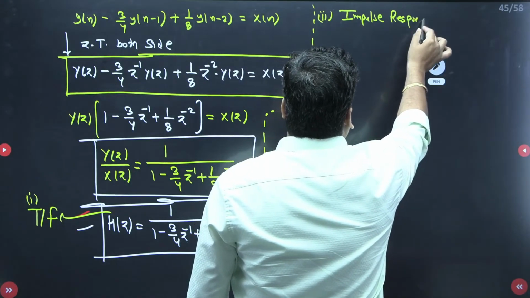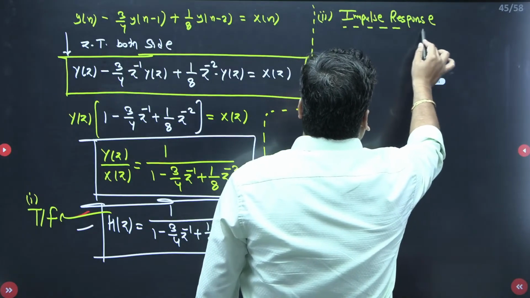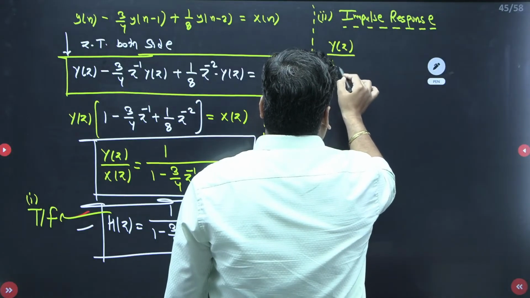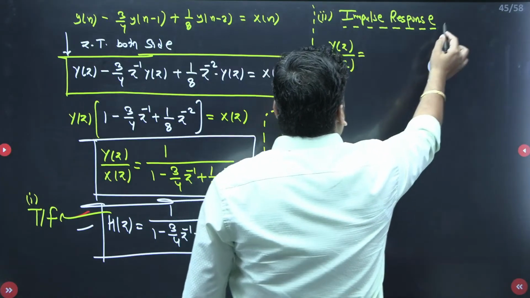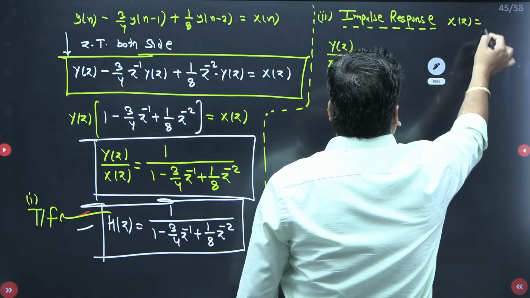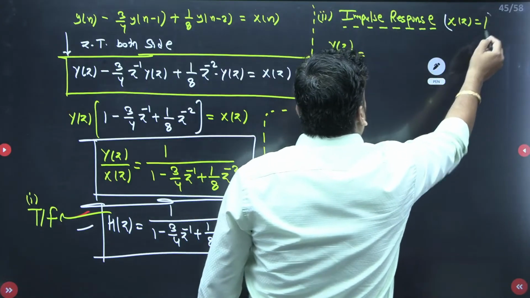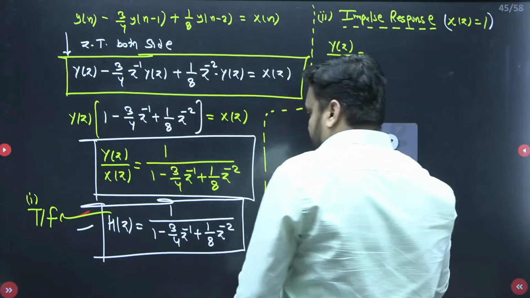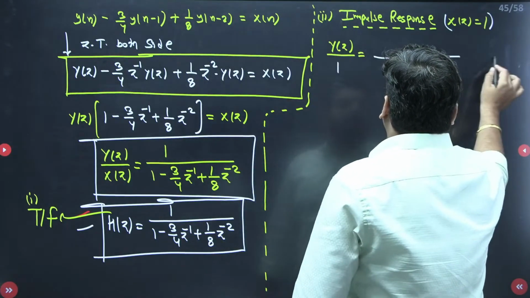If I talk about the impulse response, then what will you get? The impulse response is yz upon xz, and for the impulse response case, the xz value is 1. Now I am taking the partition.